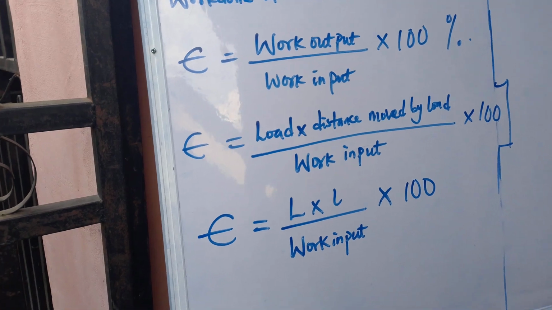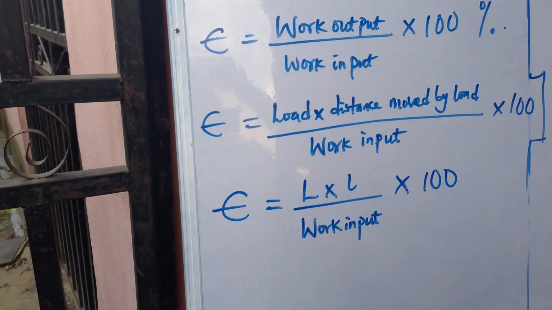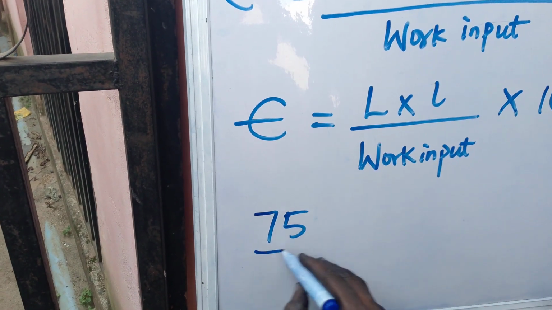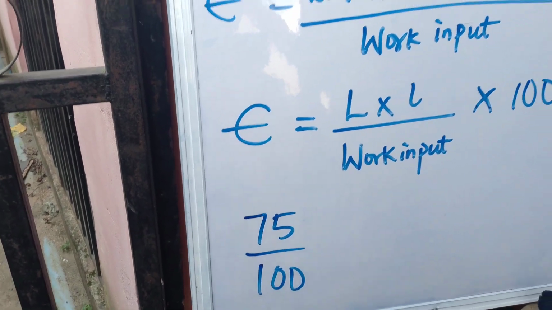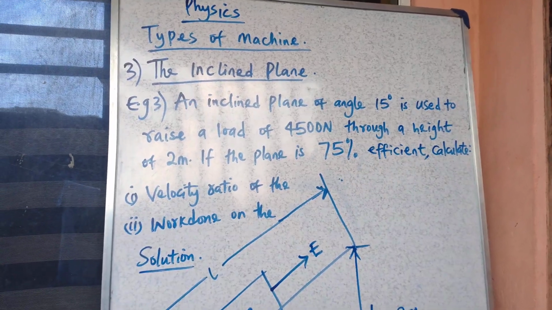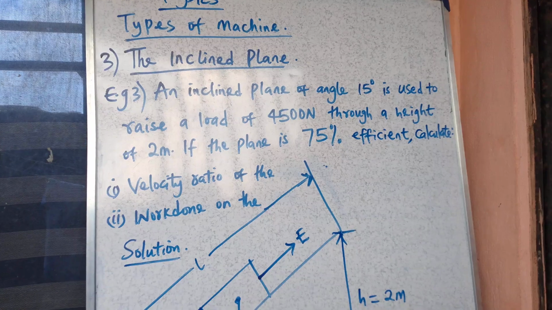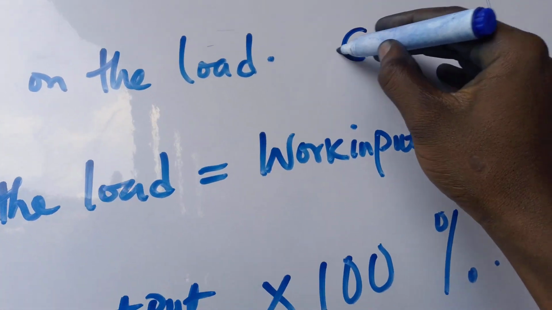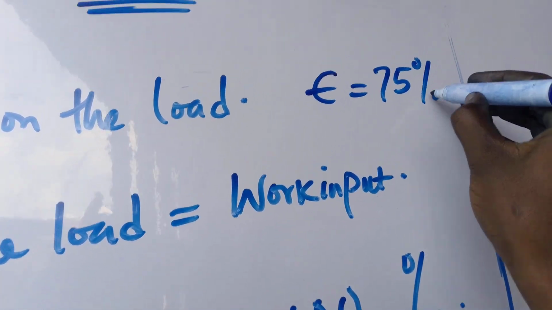So we'll come back again to that. We are given an efficiency of 75%. Alright, so that is 75 divided by 100. They said if the plane is 75% efficient. Okay, so we are told that the efficiency is 75%.